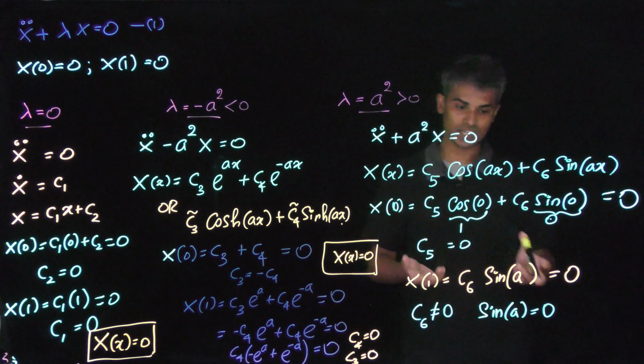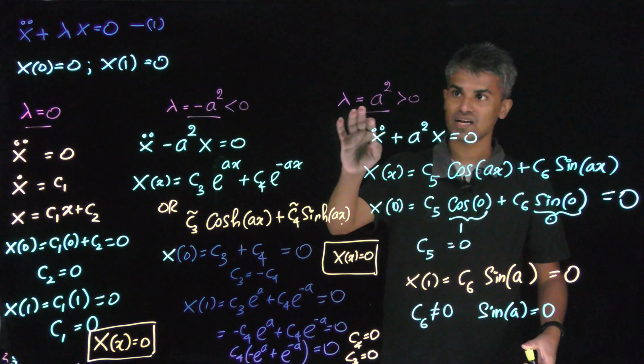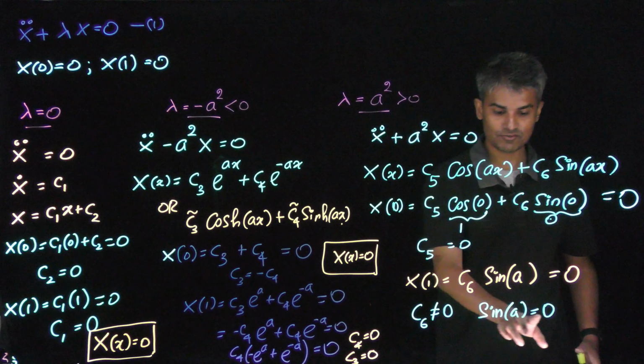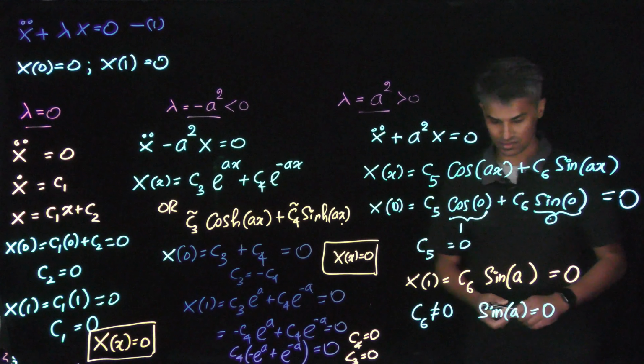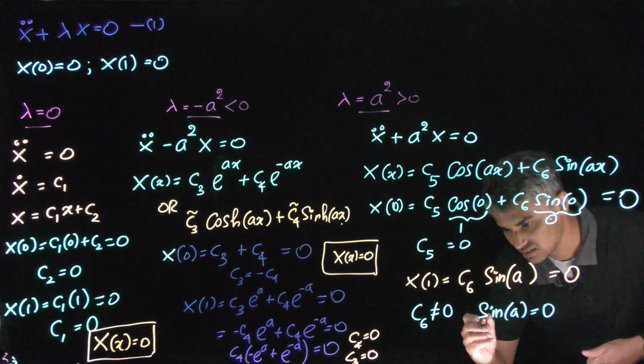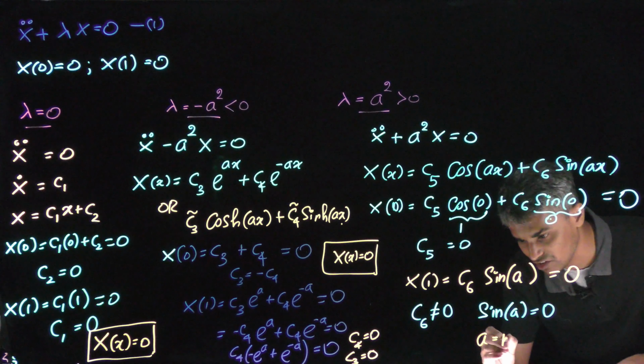Now, at this point we do not know the value of lambda, therefore we do not know the value of a. But in order to satisfy this equation, our a should be a scalar multiple of pi.